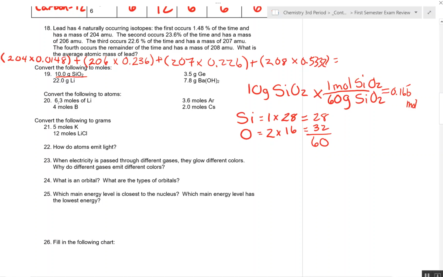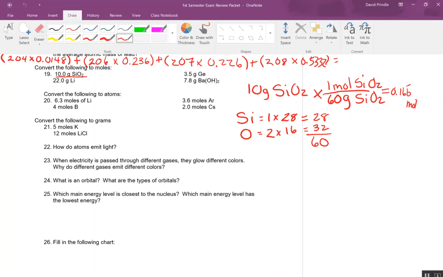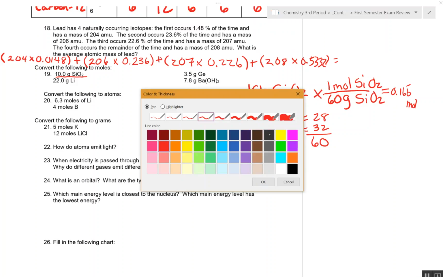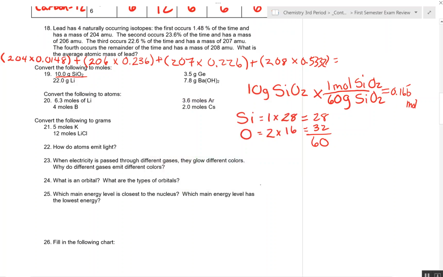Now, moles to atoms. Let me change colors. Let's go with black. So we got 6.3 moles.